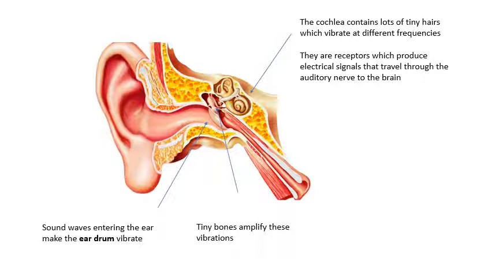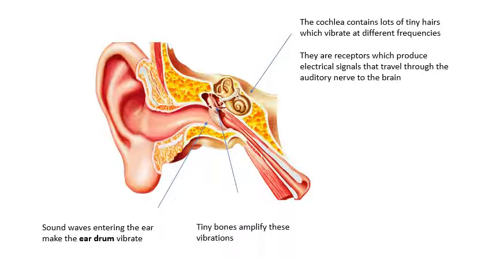And then the vibrations are passed on to this thing that looks a bit like the shell of a snail called the cochlea. And inside the cochlea, there's liquid and lots of tiny little hairs which vibrate at different frequencies.